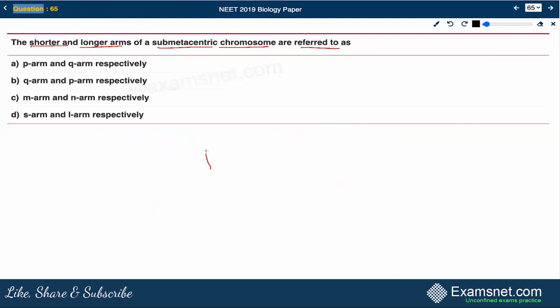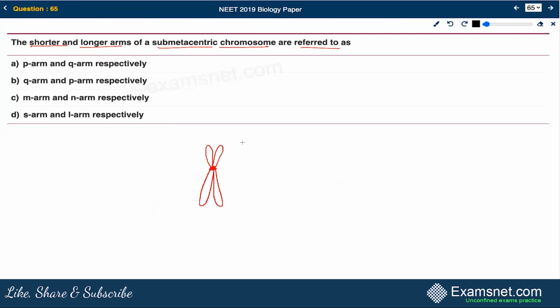So, basically, a submetacentric chromosome is that chromosome where the centromere is slightly shifted from the center, like this. All right, we can draw the centromere here first, and this is going to be like this.